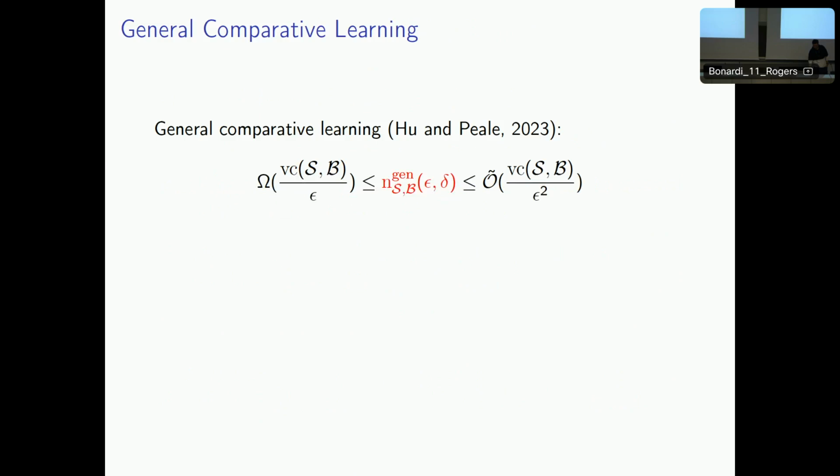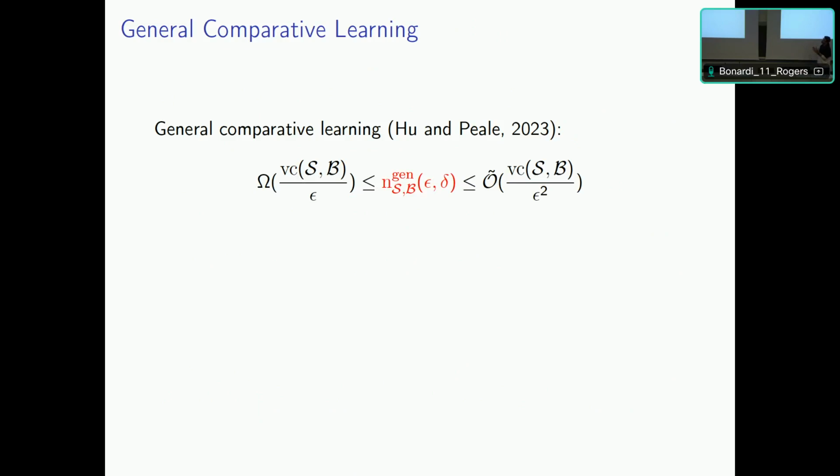2.5 minutes. So our main focus was the proper case, but we also wondered whether we have this fast versus slow rates in the general comparative learning, where we don't have this requirement on the learner. The result of the previous work by Hu and Peale showed that general comparative learning is controlled by something they call mutual VC dimension.